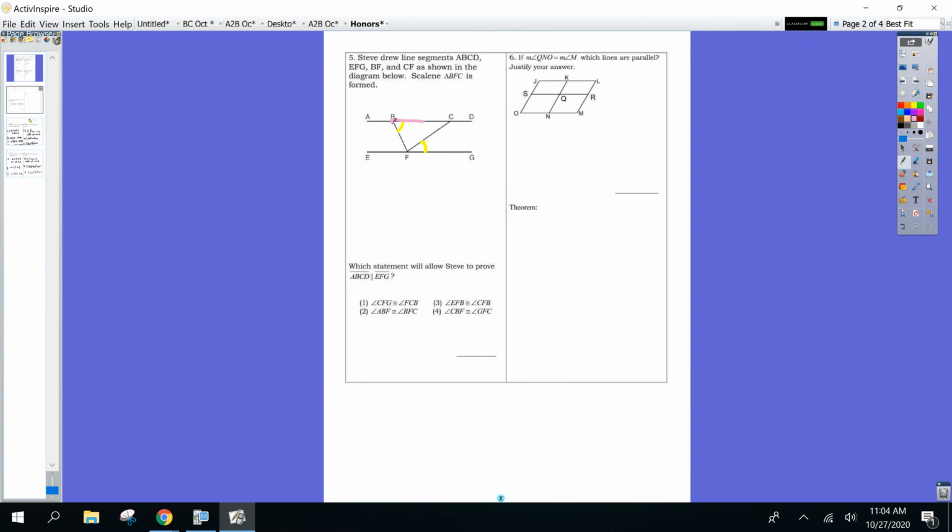Here's angle CBF. Here's angle CFG. They do not have any lines, no transversals in common. If you're going to tell me they were corresponding, where's your common transversal? And you don't have an answer for me. One of them has BF and the other one has FC. So they have no common transversal. So that's why 1 was our lone winner.